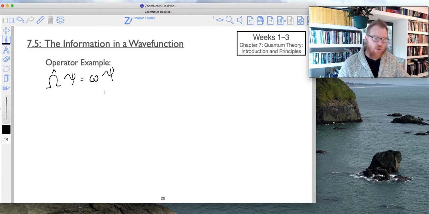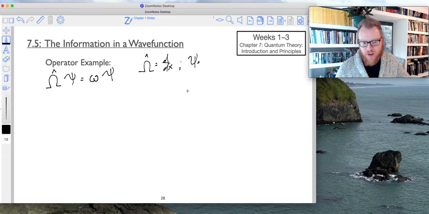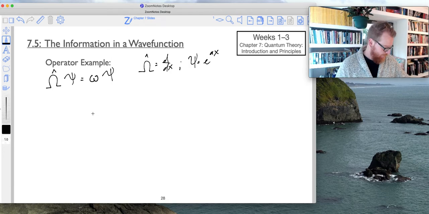Let's suppose that my operator is d dx, so the first derivative with respect to position. Once again, these aren't necessarily physically accurate operators and wave functions; we're just playing with the math. And let's suppose psi equals e to the ax, where a is a constant. So what is omega? Let's find the eigenvalue.